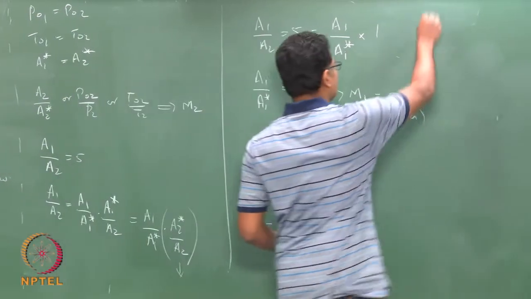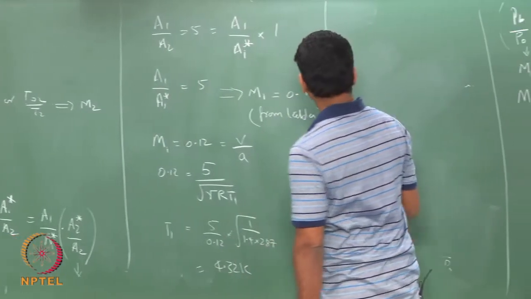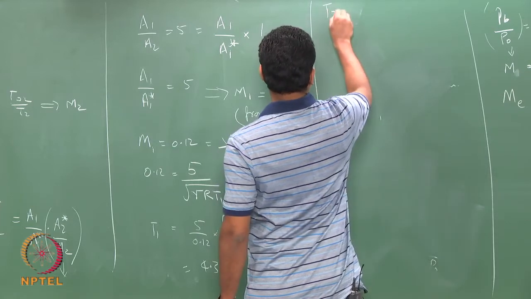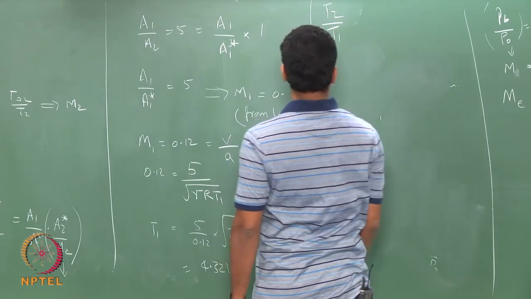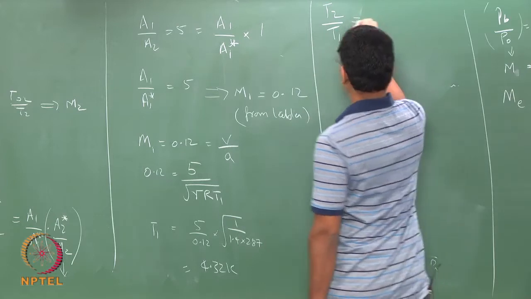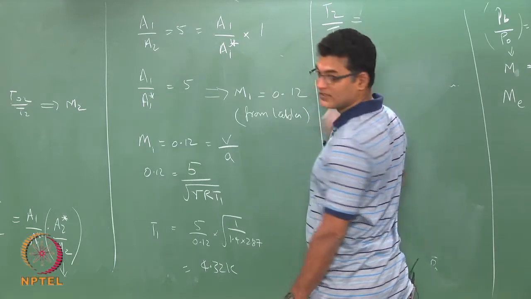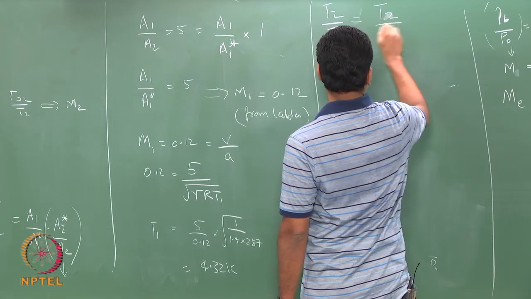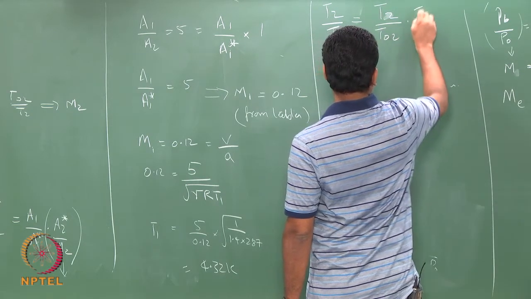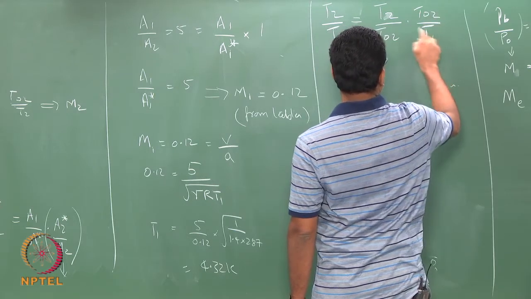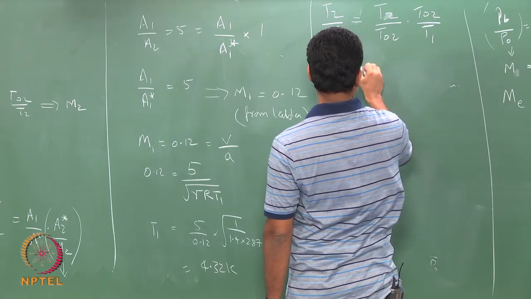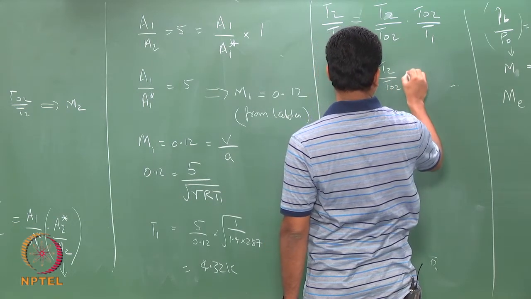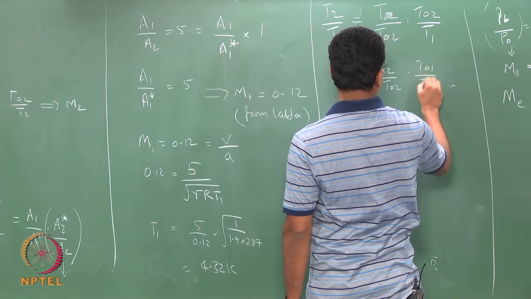Okay. Now I will go ahead and find T2 from this particular ratio. Because the stagnation temperatures are the same, I can write T2 by T02 into T01 by T1.